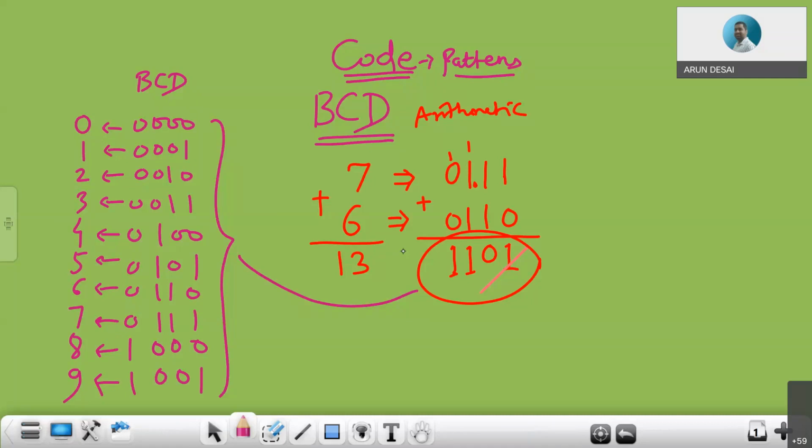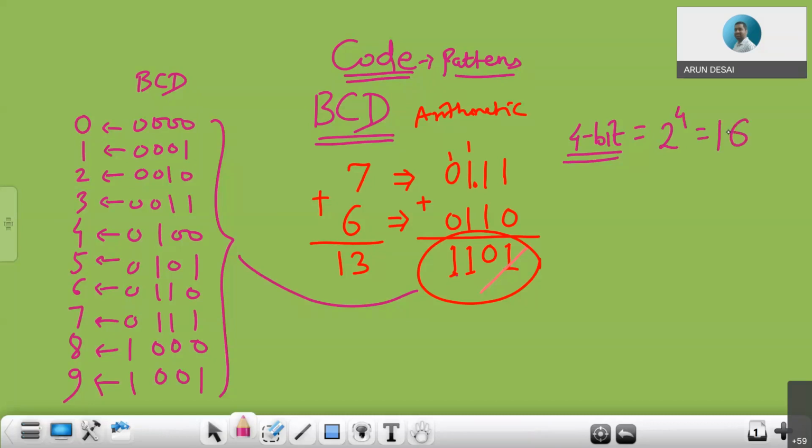Now, why has this result exceeded? Because we are using a 4-bit pattern. If we are using a 4-bit pattern, how many combinations are there? 2 raised to 4, that means a total of 16 combinations.